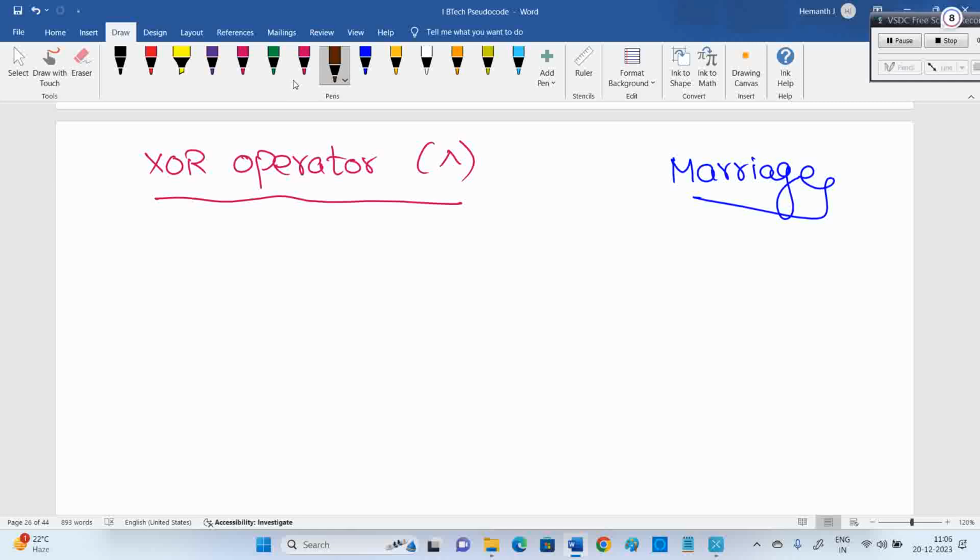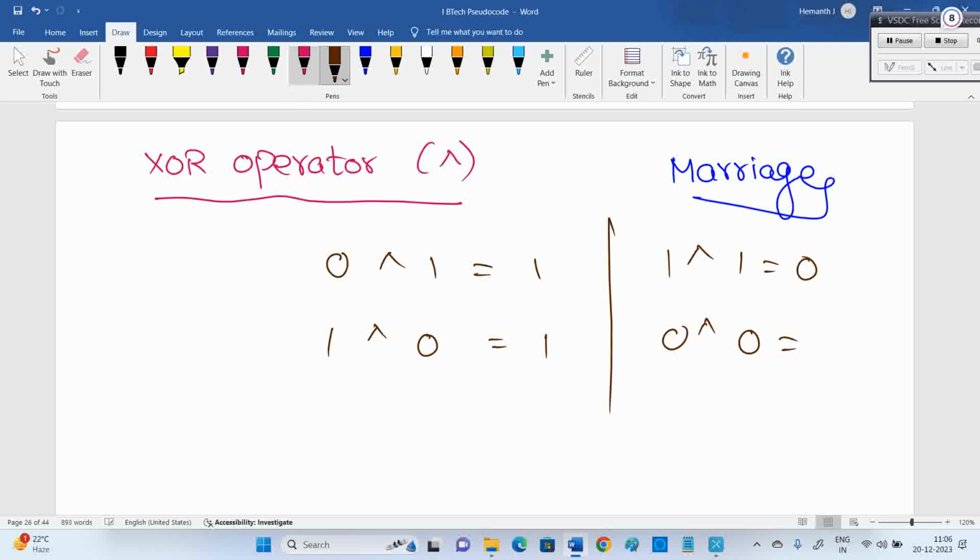So if it is 0 and 1, then the result is 1. 1 and 0, male-female or female-male, marriage is okay: 1. But 1 and 1, or 0 and 0, gives 0. That's the XOR operator. Keep that marriage point in mind. If both are the same, the result is 0; if different, it's 1.